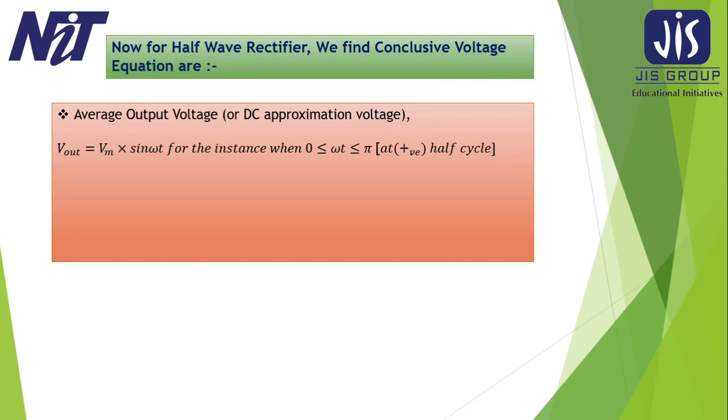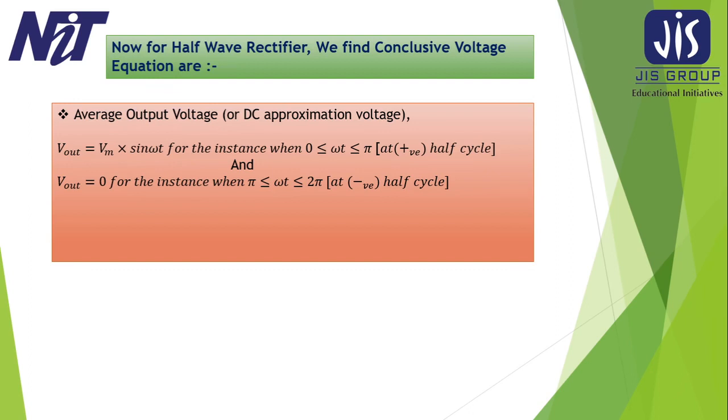This happens when the positive half cycle interacts with the rectifier. The second instant is when V out is equal to 0, for omega t greater than or equal to pi and less than or equal to 2 pi.